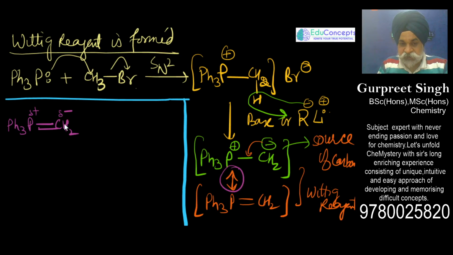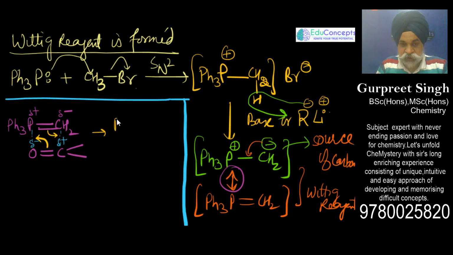So the CH2 carbon has delta negative charge, and this aldehyde or ketone has delta positive. First the dipole-dipole interaction would happen here. This dipole-dipole interaction would bring them close to each other. Then this goes here, this goes here.